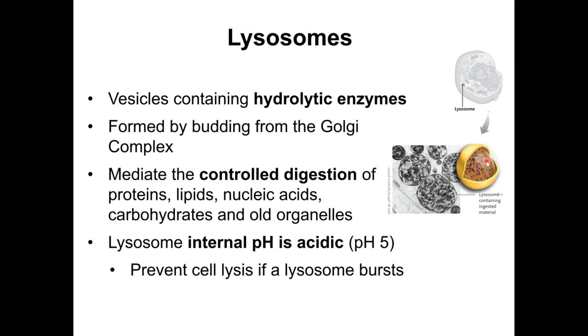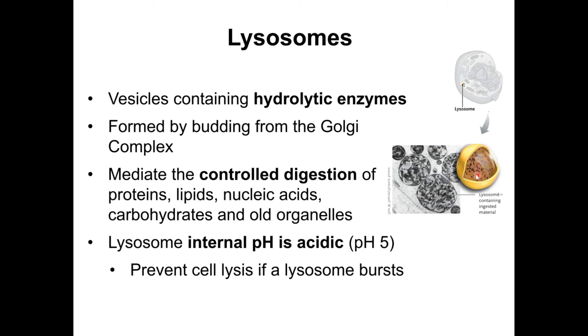So they have a bunch of hydrolytic enzymes there. Now, these can be used also to digest, for example, old organelles, mitochondria. They get recycled all the time. They degenerate very quickly. They have to be reproduced all the time. And so the old mitochondria get digested exactly by lysosomes fusing to the old mitochondria.